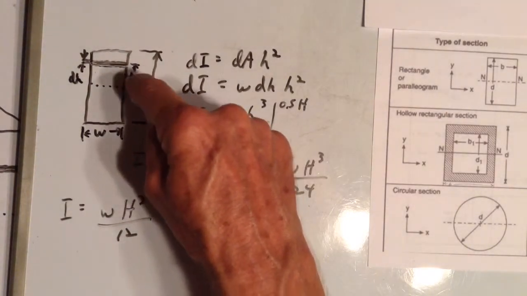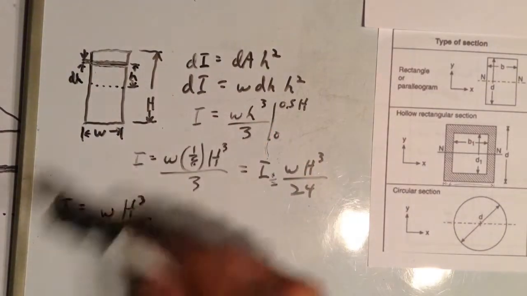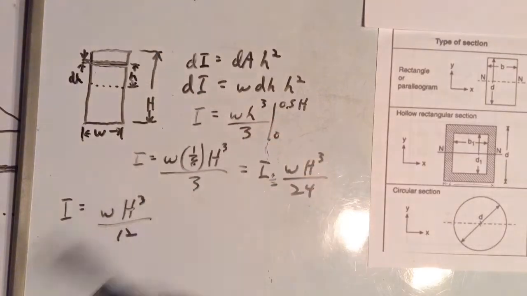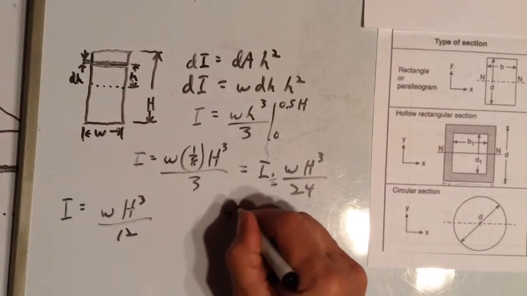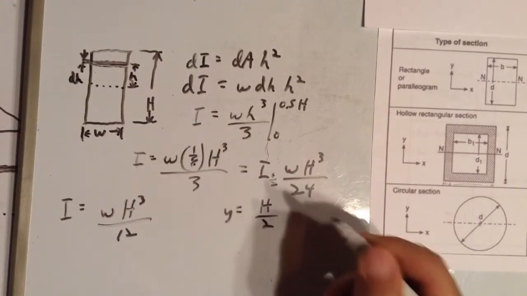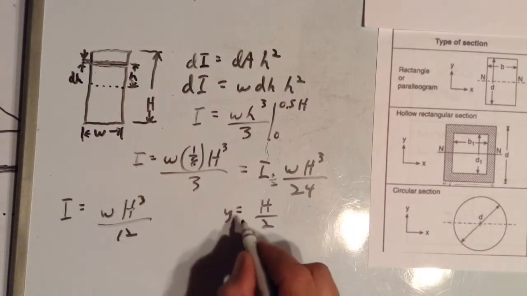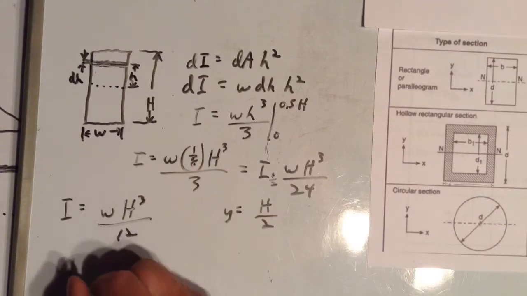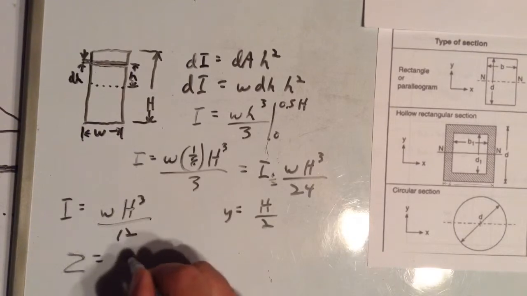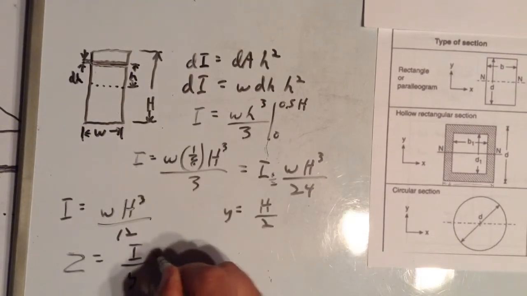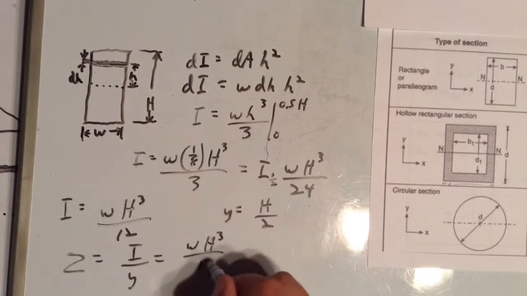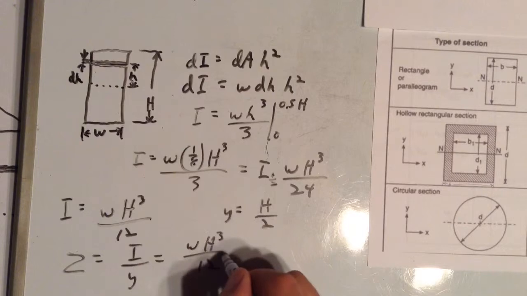And our y is our distance between our center line, our centroid, and the place, the top of the board where the maximum stress is. Y equals this big H over 2. So moment of inertia divided by y is section modulus. Let's just say section modulus Z equals I over y, which is W H cubed over 12 divided by H over 2.